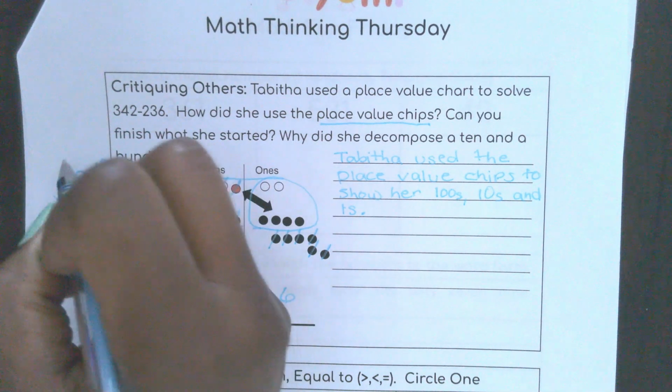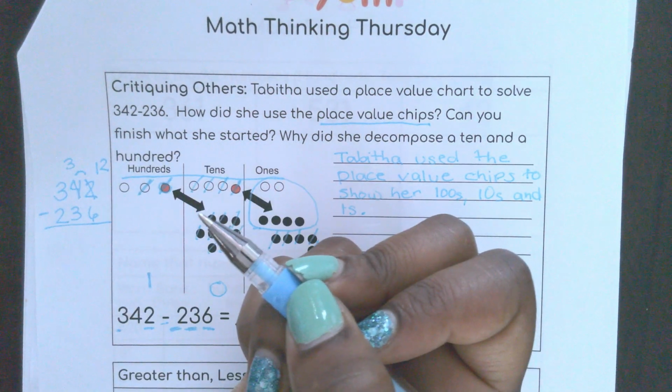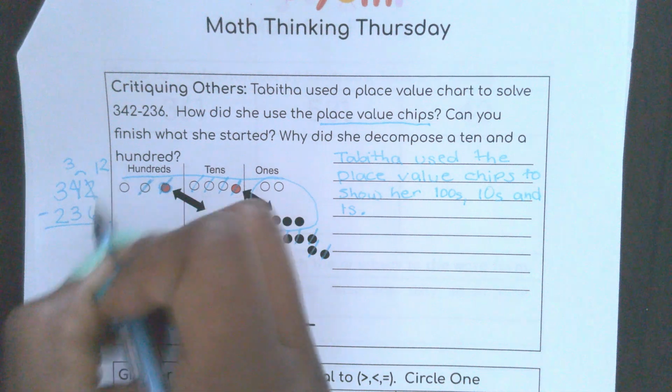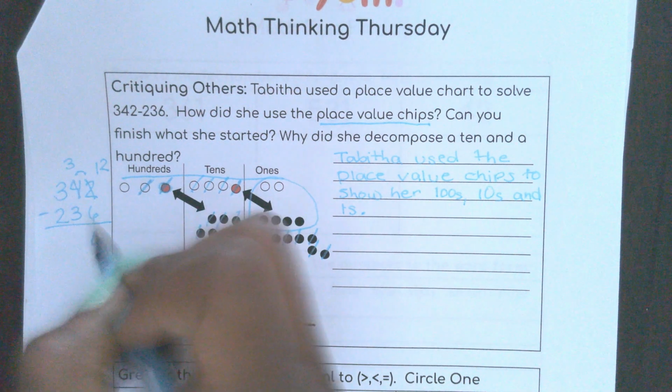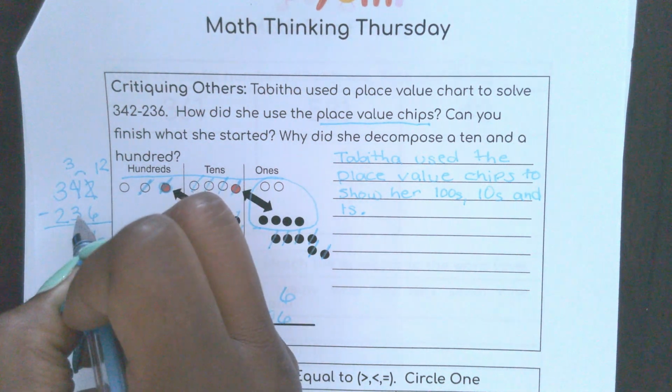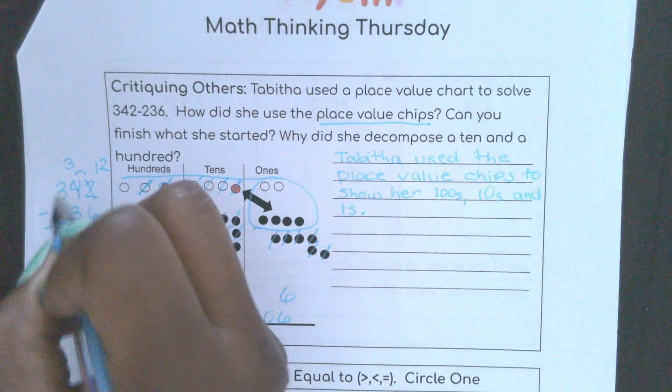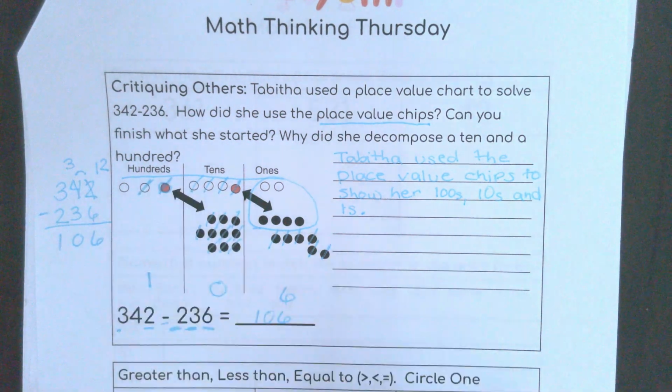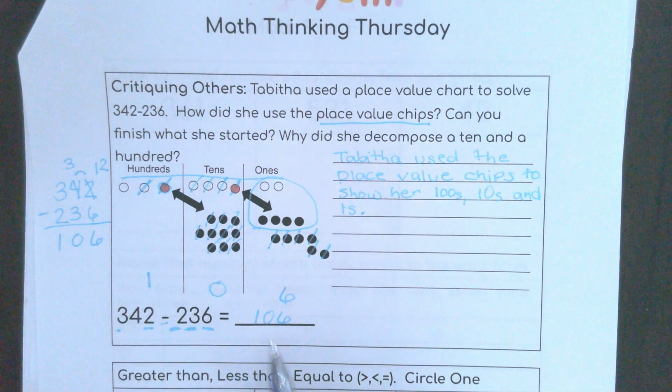This becomes 3 10s. 12 minus 6 gives me 6. 3 10s minus 3 10s is 0. And then 3 minus 2 is 1. So you have your 106 and 106. You see it's exactly the same.